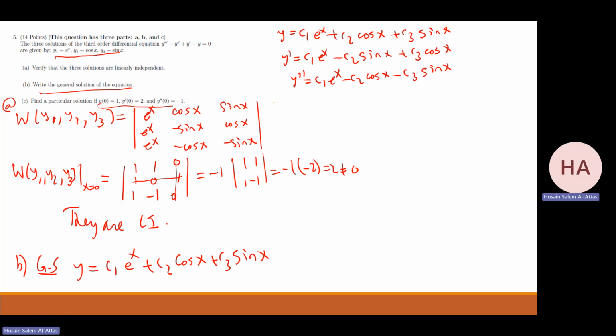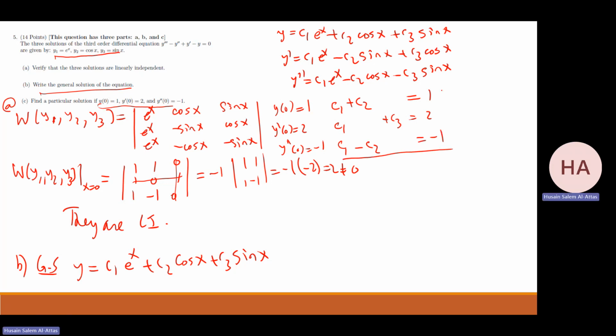Okay, now I need the conditions. Y at 0 equal 1. So I have C1 plus C2 equals 1. Y prime at 0 equals 2. So I have C1 times 0 plus C3 equals 2. Y double prime at 0 equal minus 1. So I have C1 minus C2 equals minus 1.